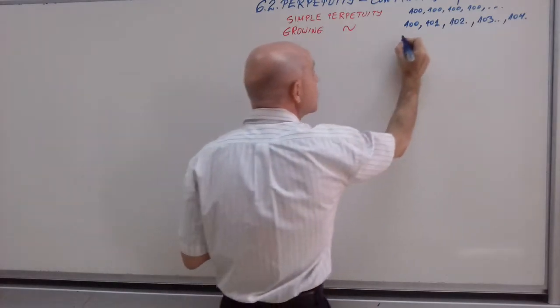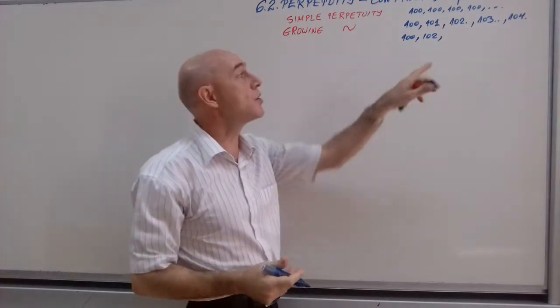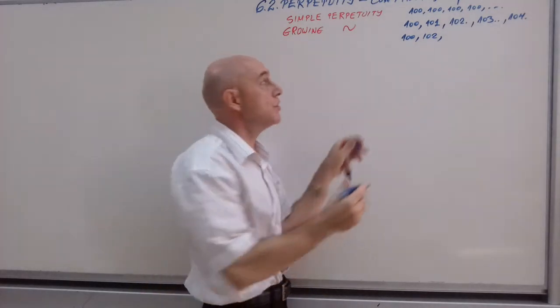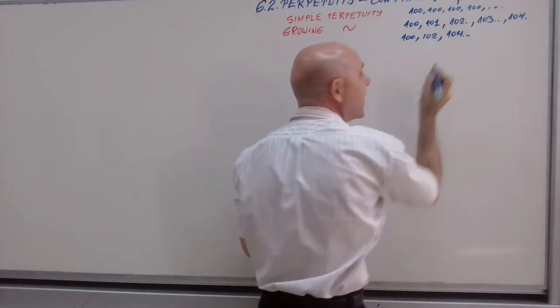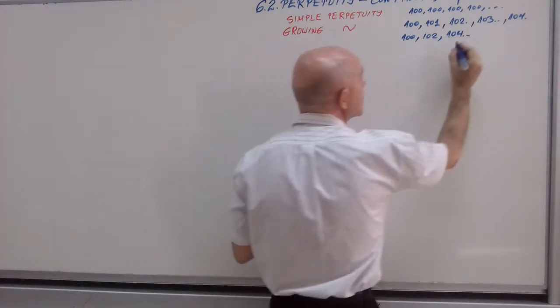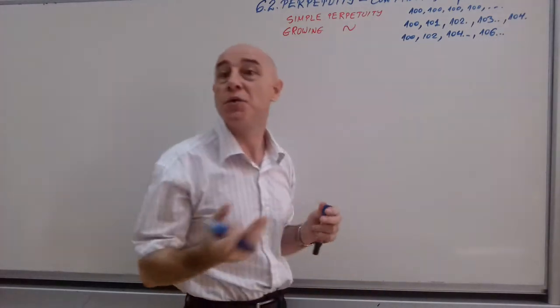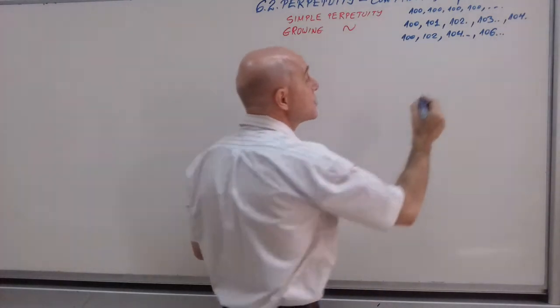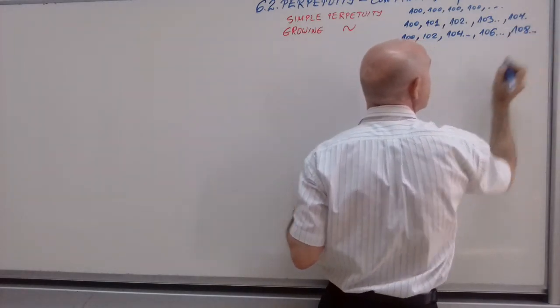Now, if you have 2%, the first one's going to be 100, the second one 102, the third one 104 and a little something, the next one 106 and a few pennies, the next one 108 and a few pennies.